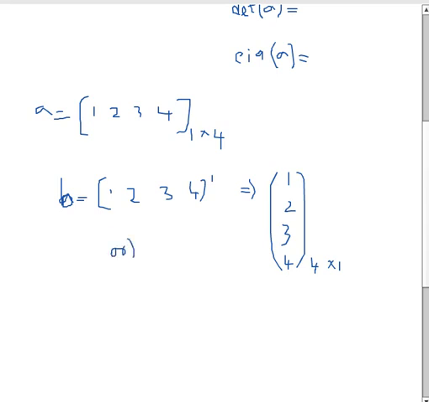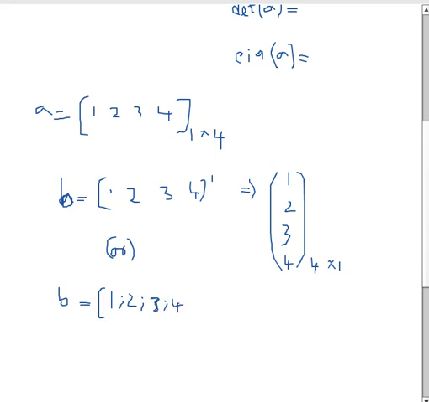We can define the column matrix in one more way. B is equal to 1 semicolon, 2 semicolon. Semicolon means the end of the row. Semicolon indicates the end of the row.